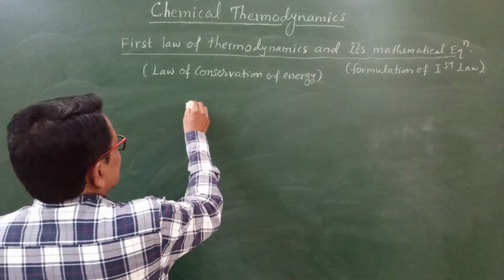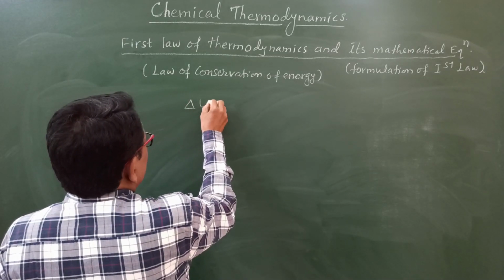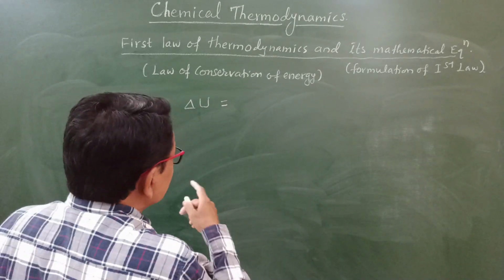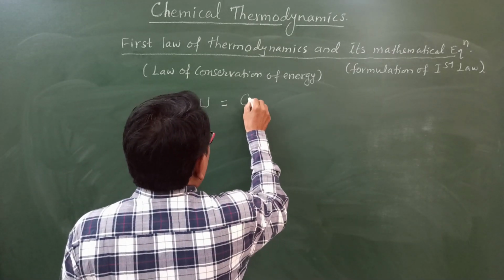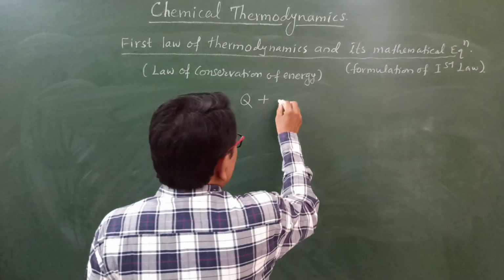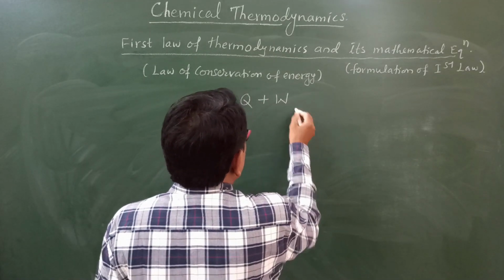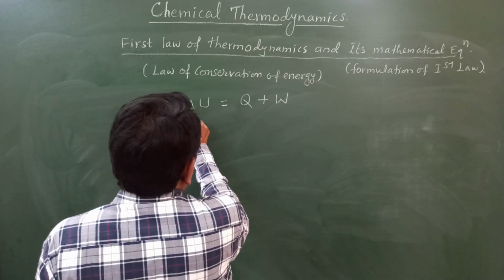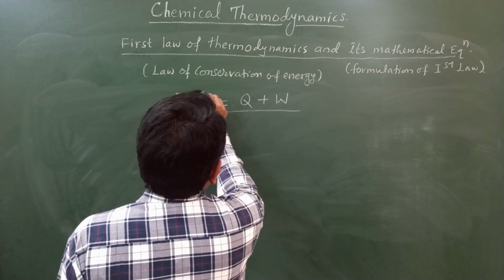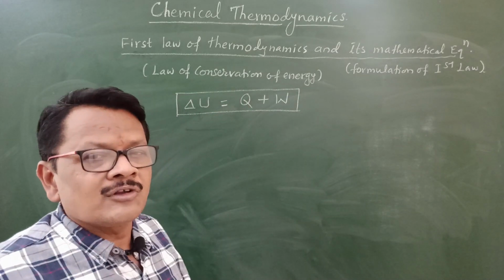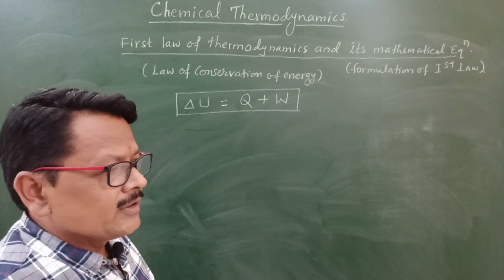Means here delta U, the change in internal energy of a system, is increased by supplying heat Q to the system and by doing work W on the system by the surrounding. So therefore delta U is equal to Q plus W. It is the mathematical equation for first law of thermodynamics.